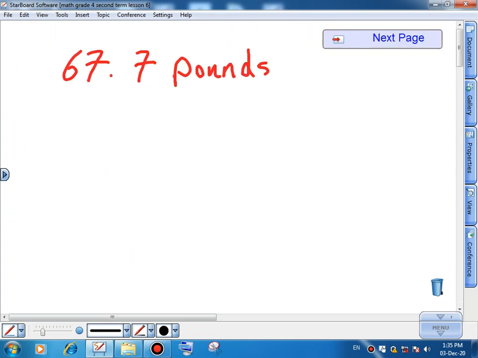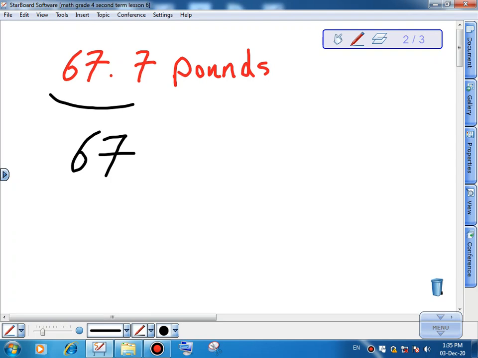Next one. If I have 67.7 pounds, what's the meaning of 0.7 pounds? I have 67 pounds and 7 piasters. If I need to get how much money I have this week, I look to my money, it will be 67.7. So I don't say the 7 piasters, I only say that I have 67 pounds.